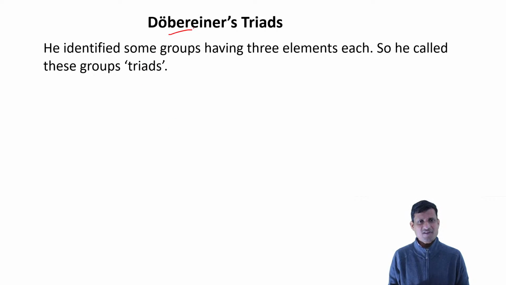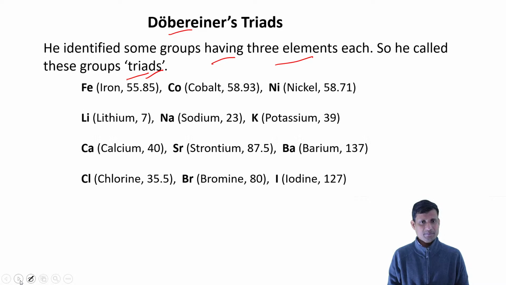He first identified some groups in which each group contains three elements. Since each group contains three elements, he gave them the name triads. He made four triads.